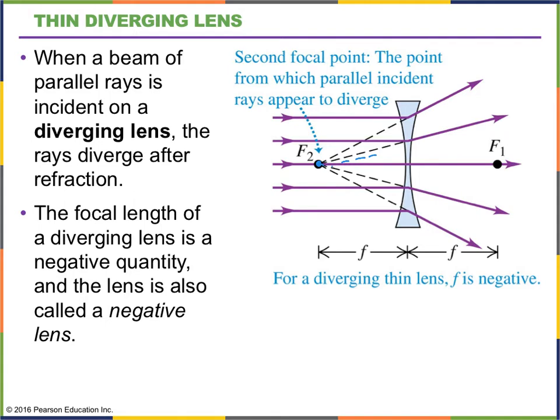Actually, this focal point right here that I've highlighted in blue is the focal point for the second surface of the lens, where this one right here would be the focal length for the incoming surface. And as I mentioned before, a diverging lens will have a negative focal length, and that becomes important later on.